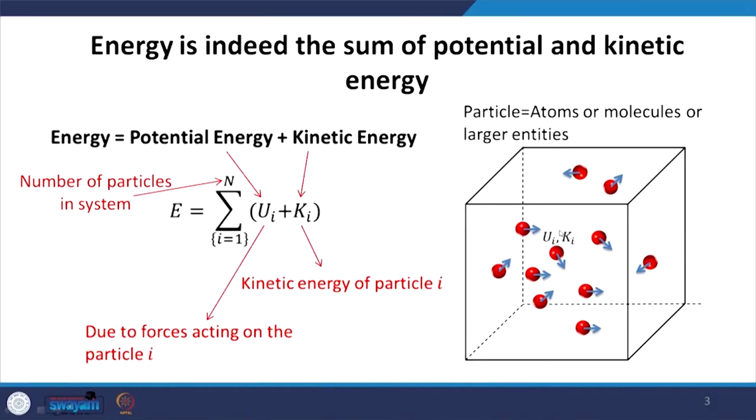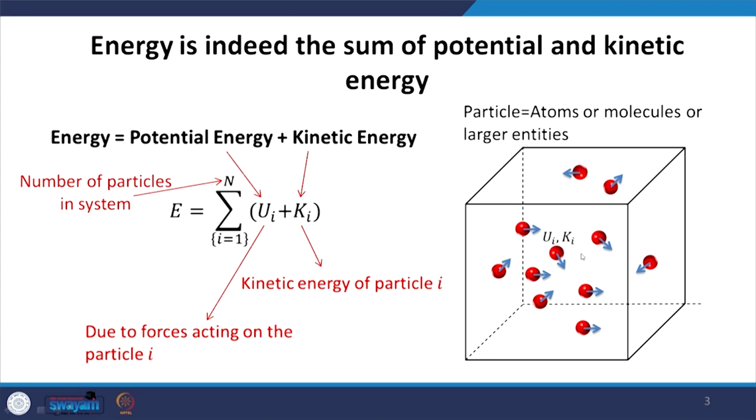So, let us say you have a box containing molecules, which would be like any small part of any system. Let us say a drop of water contains plenty of molecules. Now, all of those molecules have a potential energy and a kinetic energy. Let us say I look at a particle i.